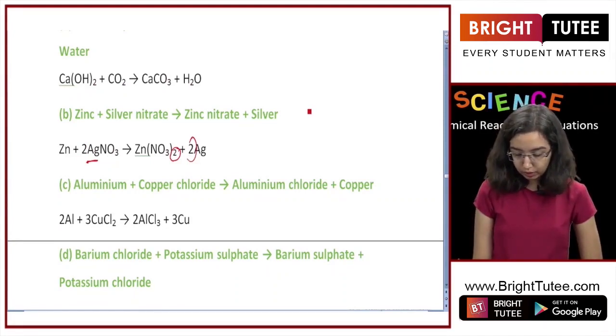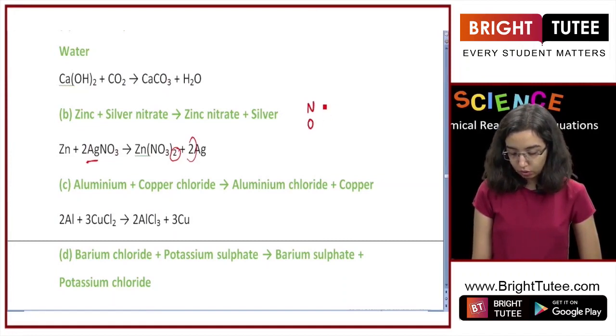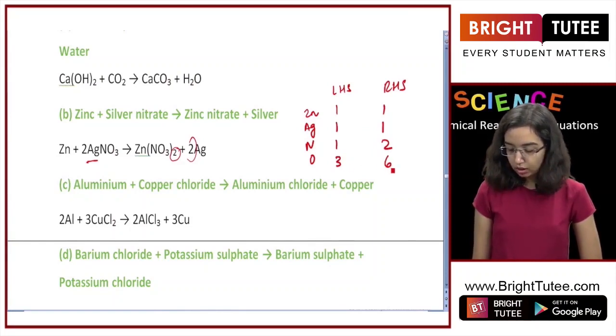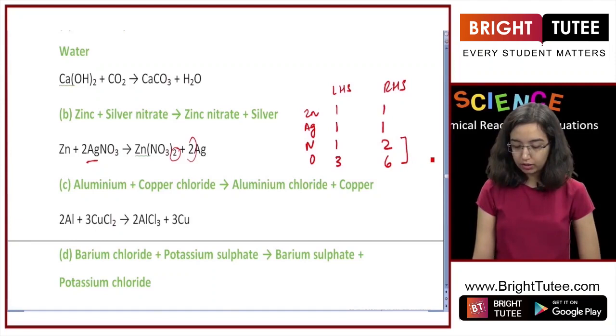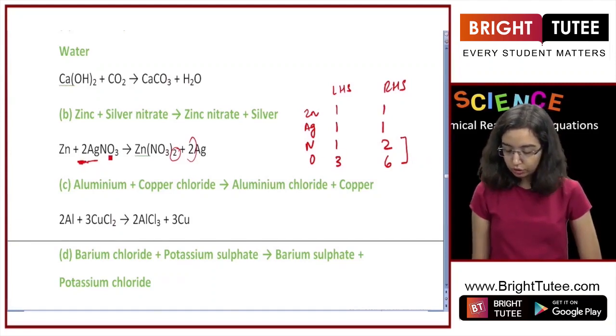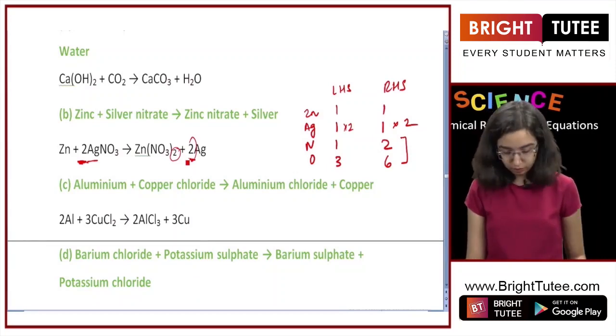So initially Zn was 1, 1, Ag was 1, 1, N was 1, 2, O was 3, 6. So we knew that we needed to multiply this by 2, so we put a 2 here, and to balance out, when we put a 2 here, this also becomes 2, and so we have to add a 2 here to balance out the equation.